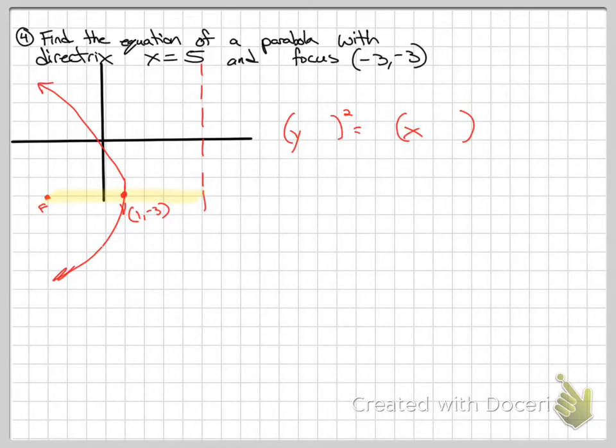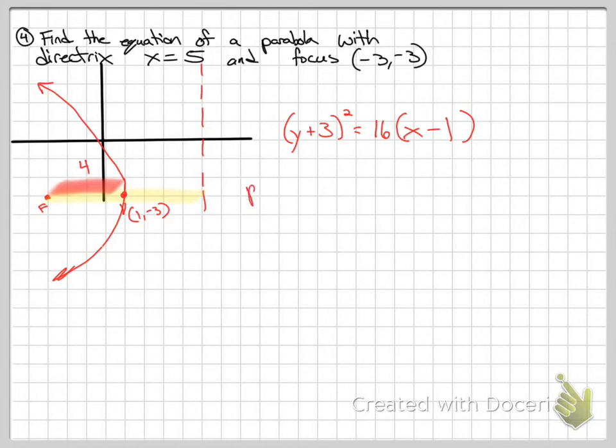The y is going to make it plus 3, and the x is going to make it minus 1. Then we just need to know this distance from focus to vertex, which is also this distance. It doesn't matter which one you want to use. But I can clearly see that distance is 4. So P equals 4.